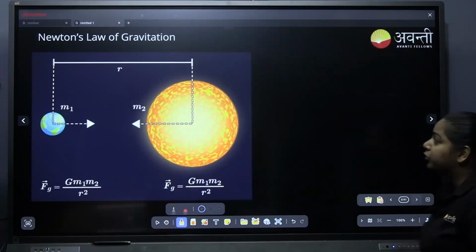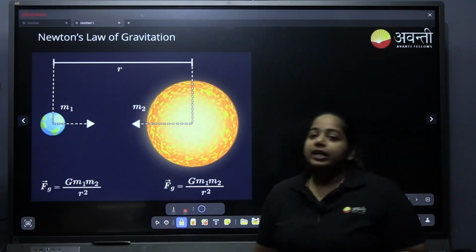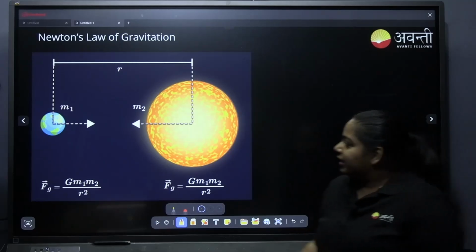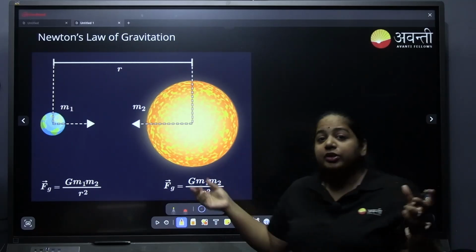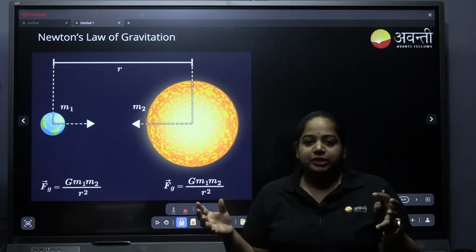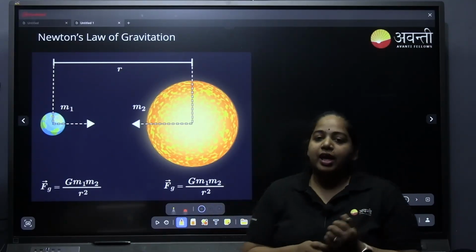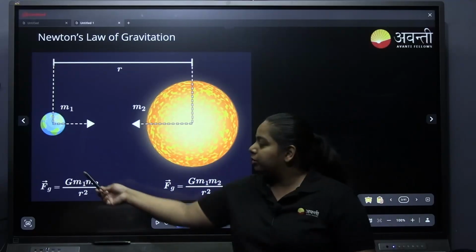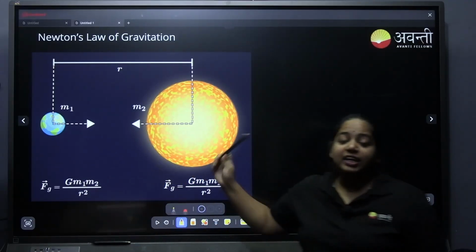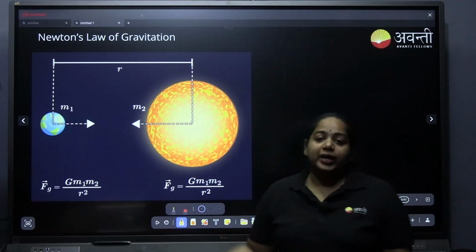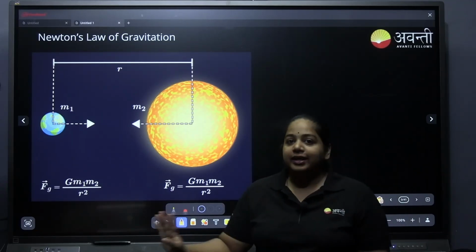Okay, coming to the universal law of gravitation, what does it say? Every two objects in the universe have a force between them, a force of attraction, and that force is proportional to the product of their masses and inversely proportional to the square of the distance between them. That is the law.